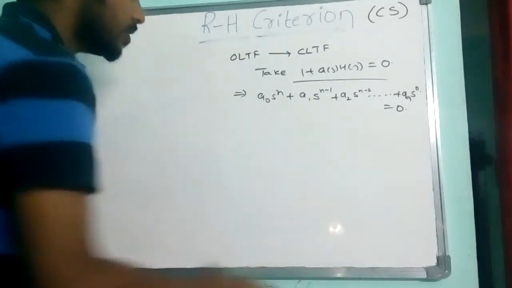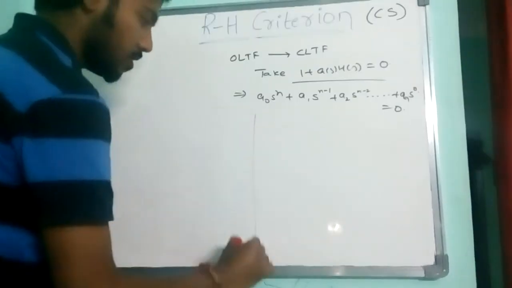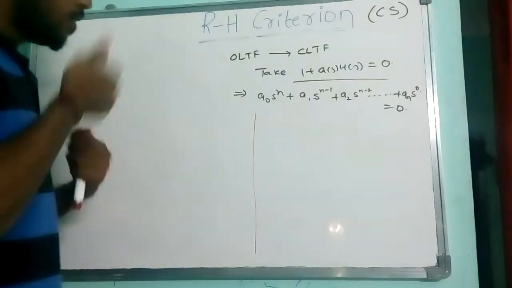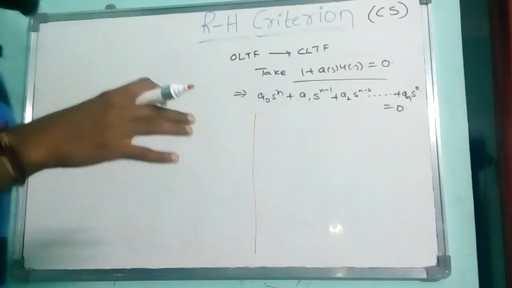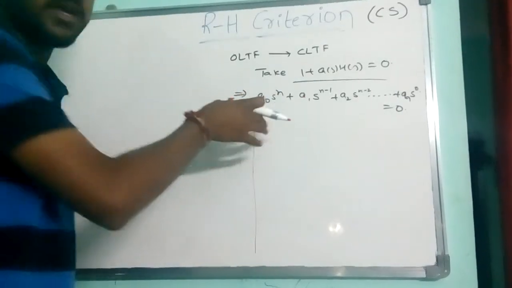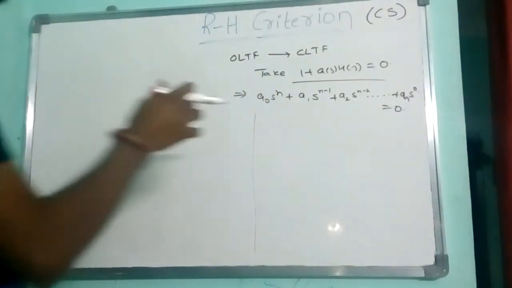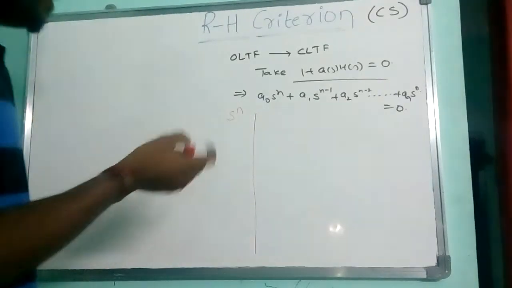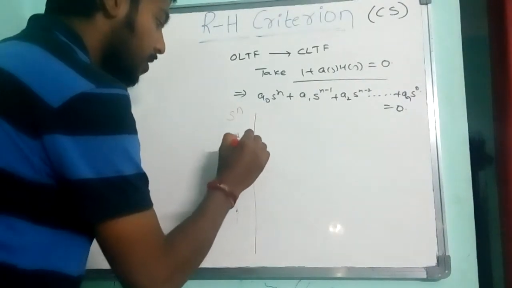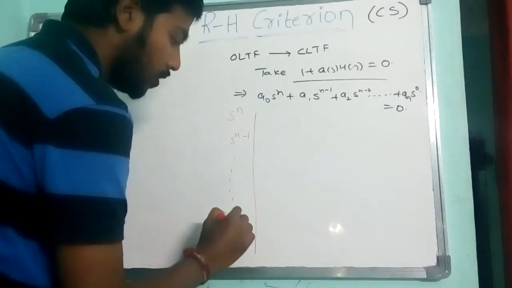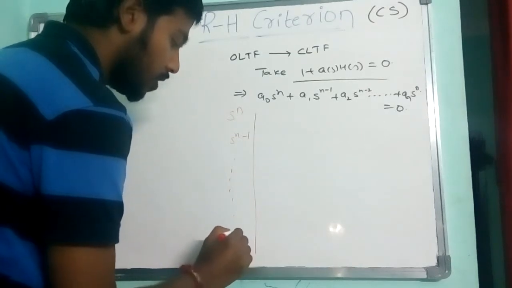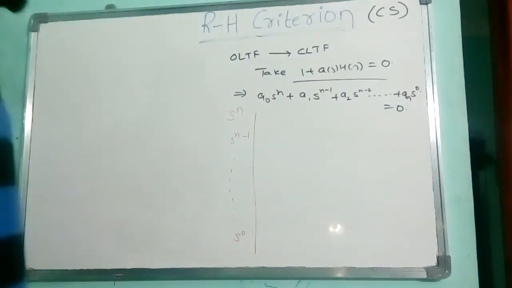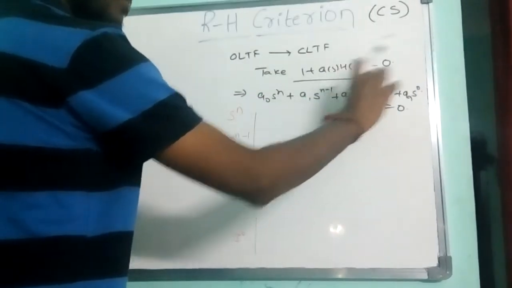How does that look? What is the highest power? Suppose the highest power is s^n. The next highest power is s^(n-1), and so on up to s^0. These are the s terms.